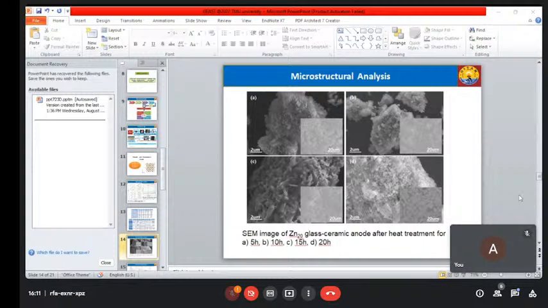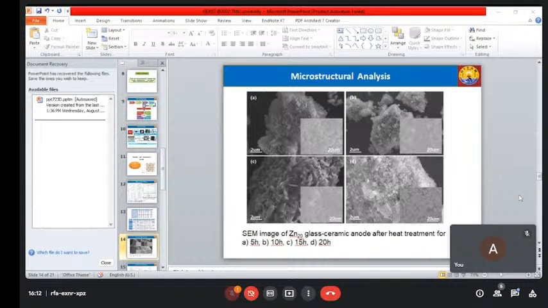However, our earlier speaker Sarita ma'am has explained the process as well. Melt quenching: I have melted my raw materials and quenched them to form a glass. Then I prepared nano powders of the glasses using the ball milling technique, and then I went for XRD and DTA analysis.